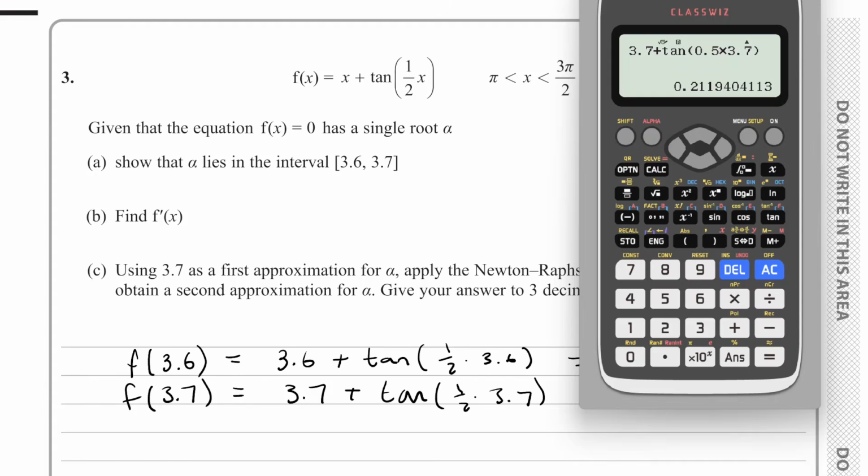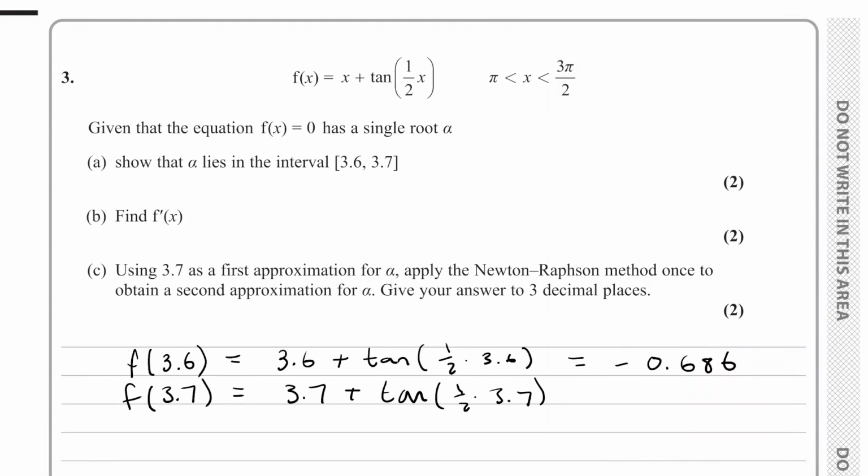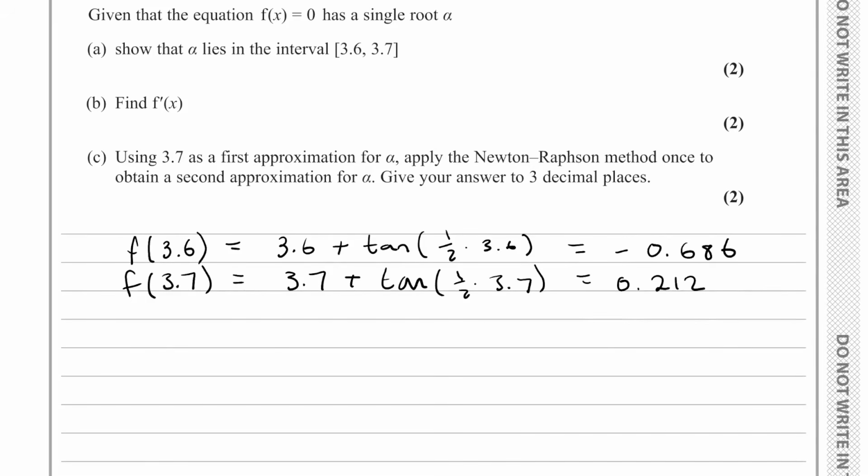And we get 0.212. So we've got a change of sign. So we need to write there's a change of sign. And we also need to say that it's continuous in that interval.